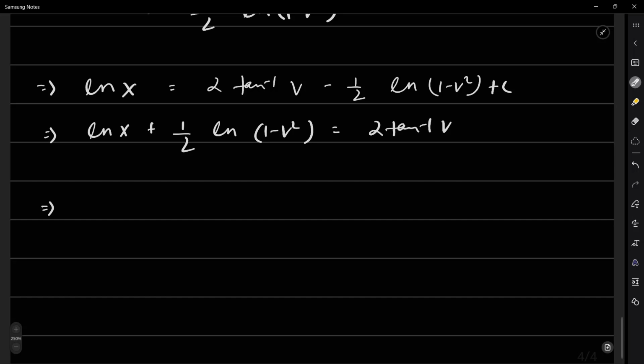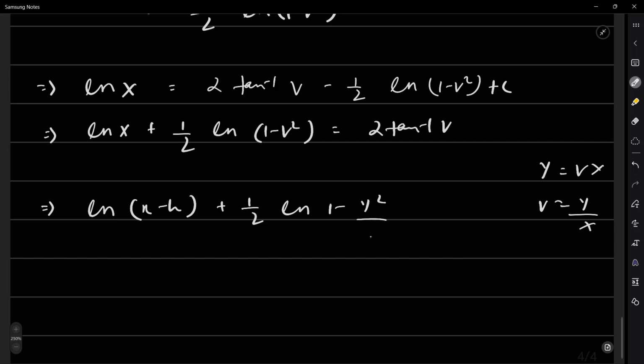Now let's put the values of x, v. Ln the small x was equal to capital X plus h, so the capital X will be small x minus h, plus 1 by 2 ln the v was y, the capital Y, y equal to vx, so v will be y by capital X, 1 minus capital Y square divided by x square equal to 2 tan inverse y by x.